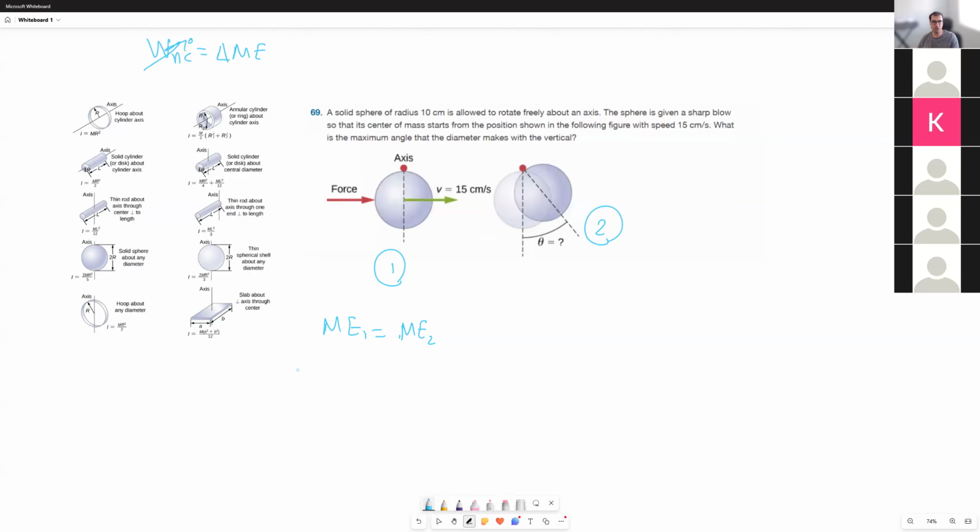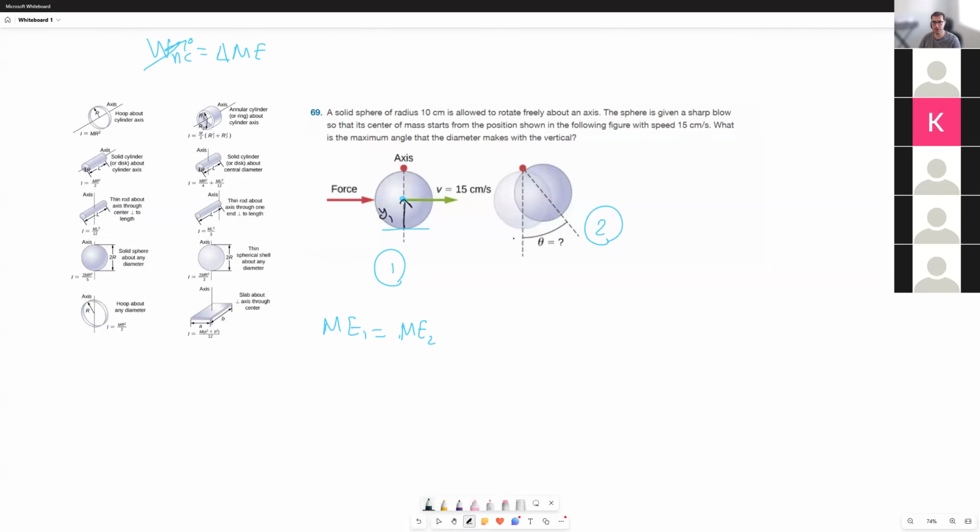Then we need to find out the position of the center of mass. Where is the center of mass, guys? The center of mass of a sphere is the center, right? The original height of the center of mass is this. That's going to be y1.